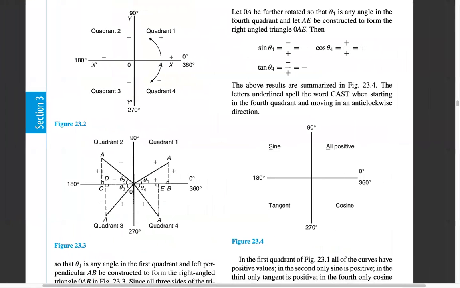So that's the easy part, finding the sign of a ratio, okay? Sine, cosine, tangent, those are ratios. And when you want to find if it's positive or negative, it's easy, the calculator will tell you. But how do you go the other way around?